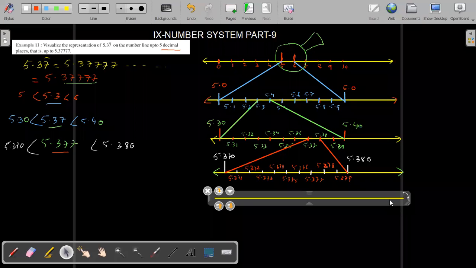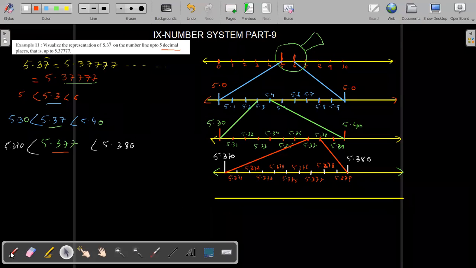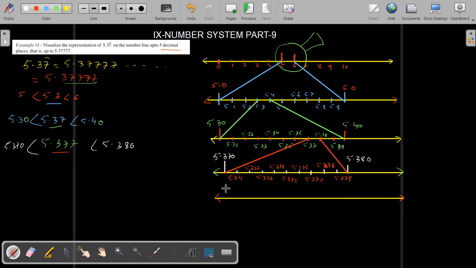Okay. Now again divide it into 10 parts using a ruler. Sir, I am doing it directly because now we have to save our time.